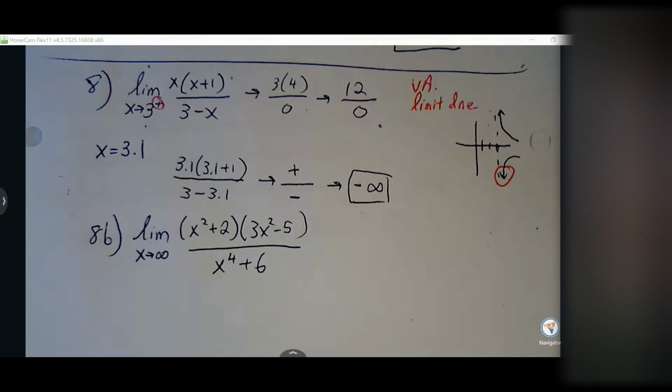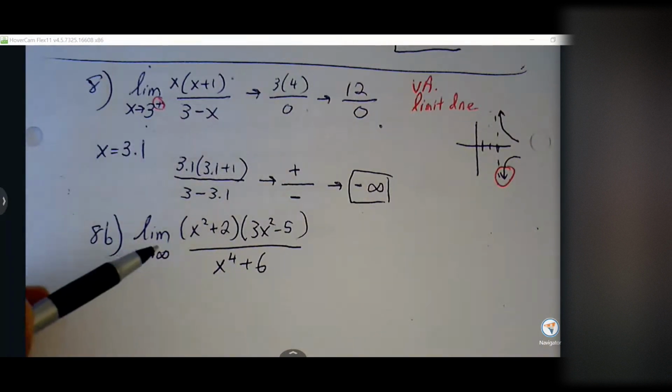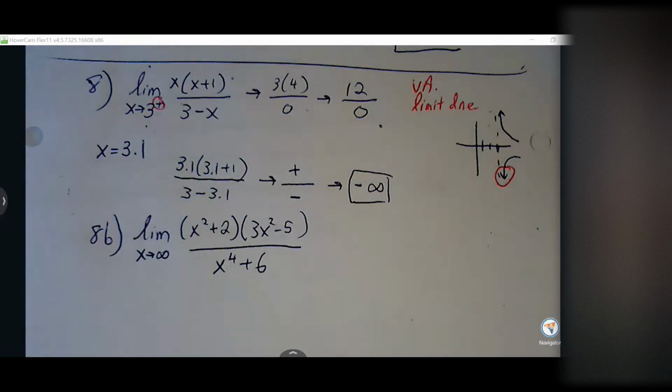One is approaching a real number, and the other is approaching infinity. So we have a completely different set of rules for real number versus infinity. With a real number, we just plug in the whole number. With infinity, we're looking to see the degrees match, and the relationship between the highest degrees of the numerator versus denominator.